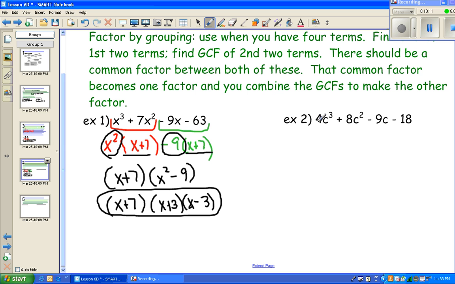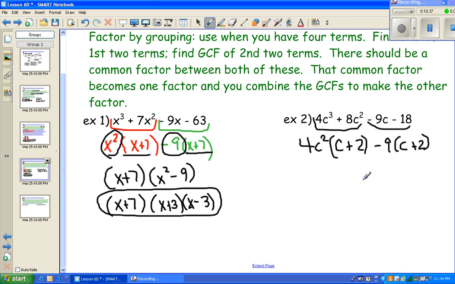All right. Look at example 2. GCF. We're going to do a 4c squared. And that's going to give us a c plus 2 here. And then minus 9. And that's going to give us a c plus 2 here.